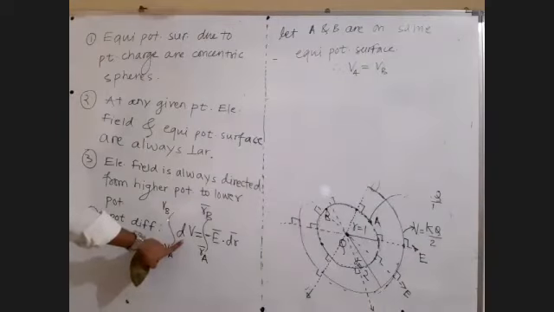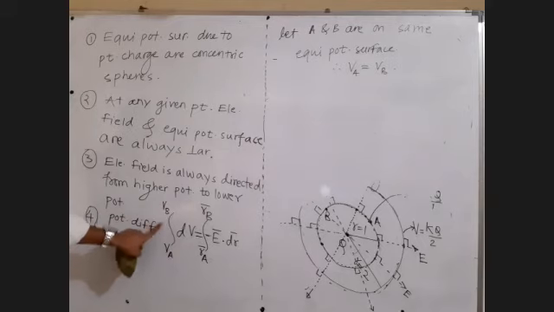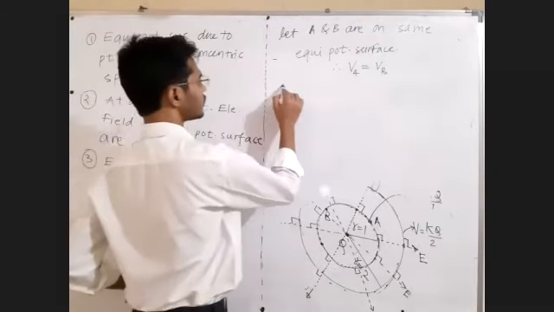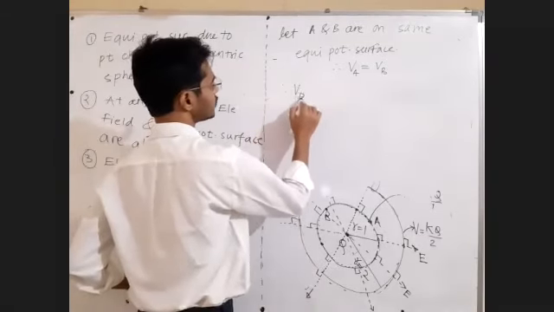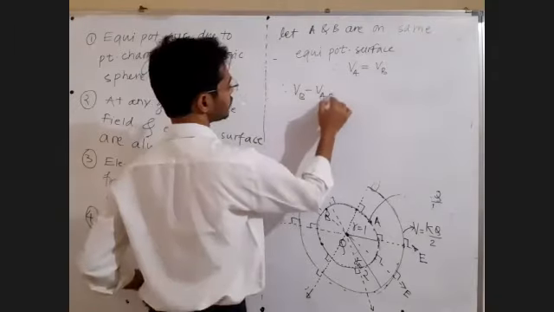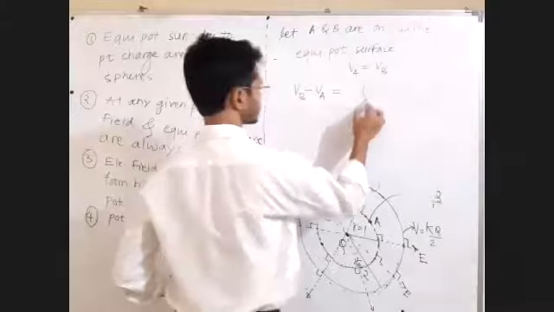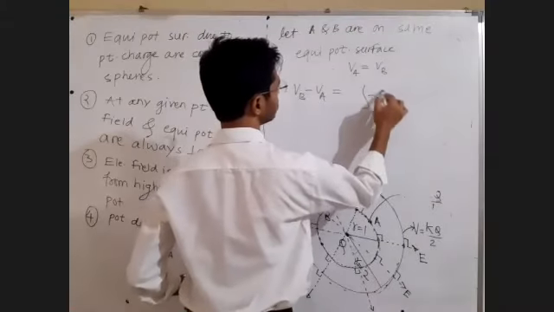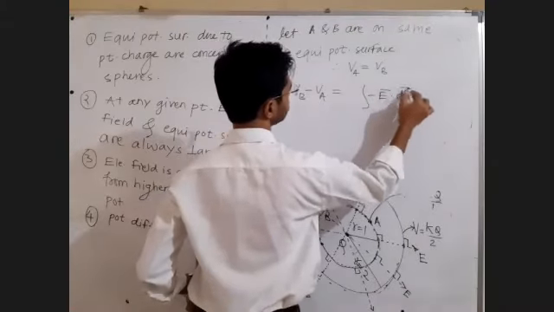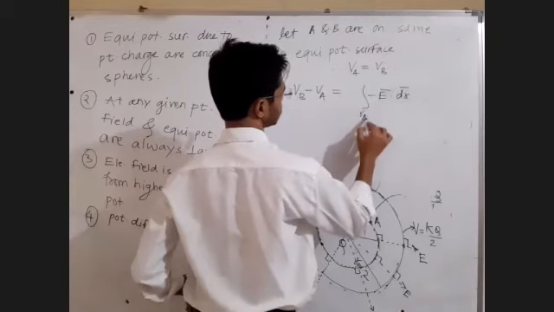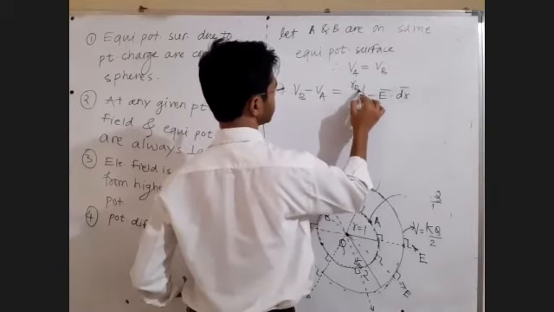So this integration will become what? This integration will become final potential minus initial potential: integral of dV, upper limit VB, lower limit VA. Therefore, VB minus VA on the left hand side is equal to this integration, as it is by formula, with first position RA and final position RB.